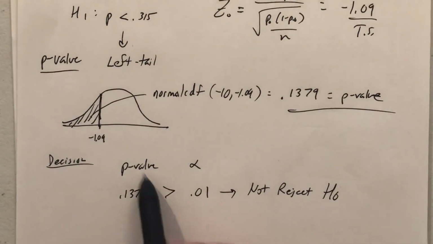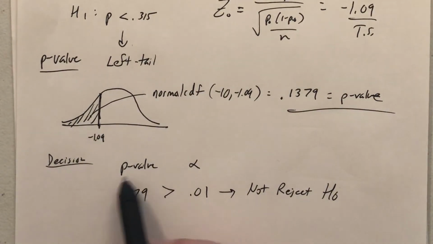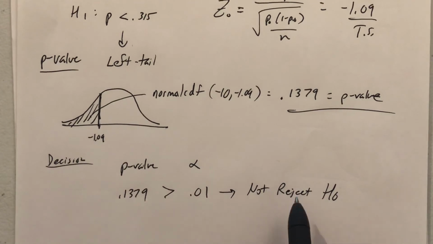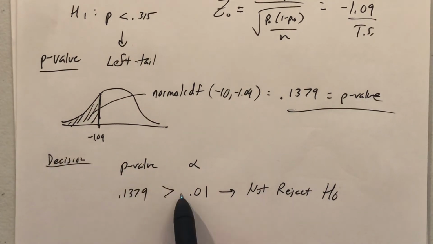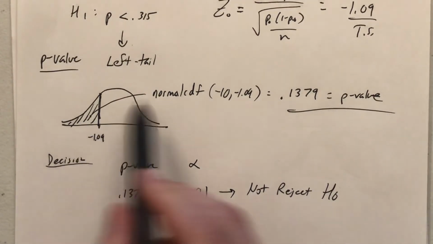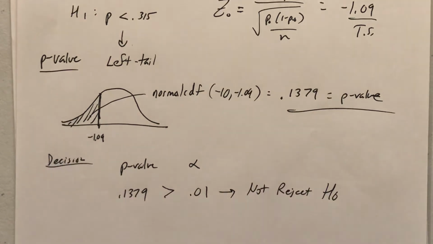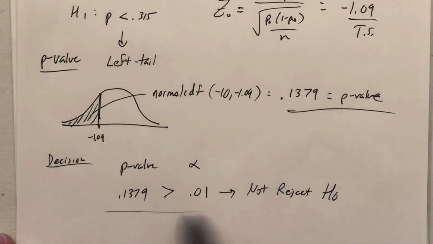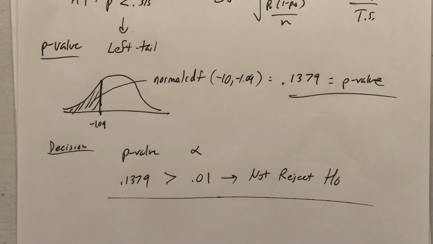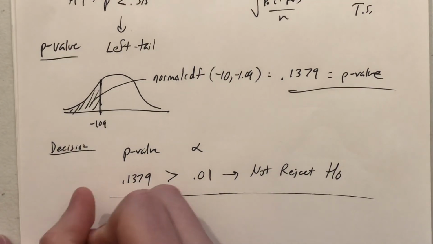If this had been a very tiny p-value, less than alpha, our test statistic would have been inside that region, and that's why we would reject. So that's the logic, and how you can compare the classical versus the p-value approach.